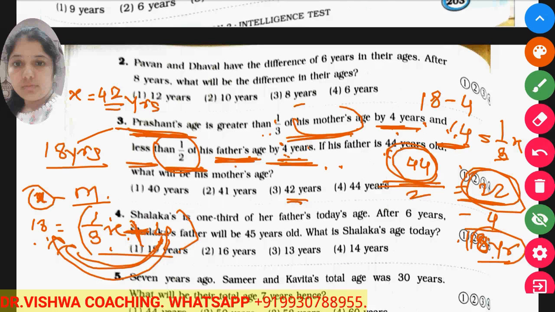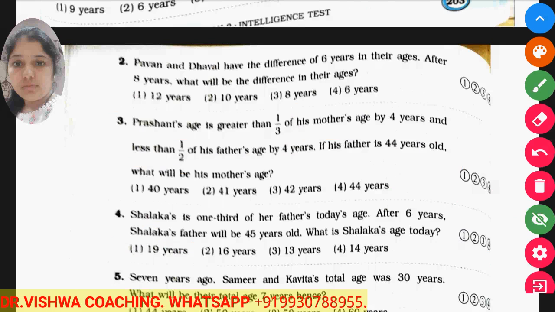So 18 minus 4 becomes 14. Now 14 is equal to 1 by 3x. Here 1 by 3 is in multiplication, so it goes to the other side in division. The numerator becomes the denominator, and the denominator becomes the numerator. So 14 multiplied by 3 is 42, which is the age of the mother. Understood? Now the next one.